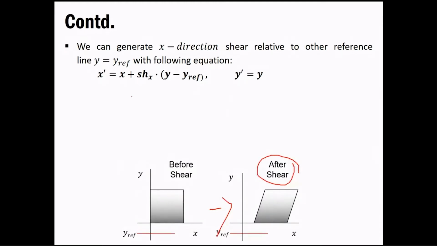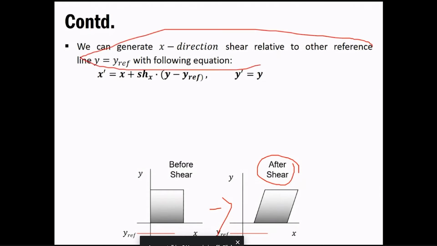We can generate x direction shear relative to another reference line, that is y equal to y reference, with the following equation. So we can generate x direction shear relative to the y reference line. This is our y reference line, as you can see in the slide.